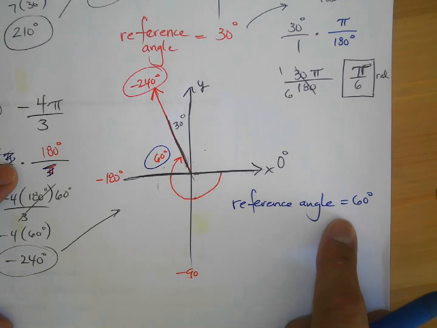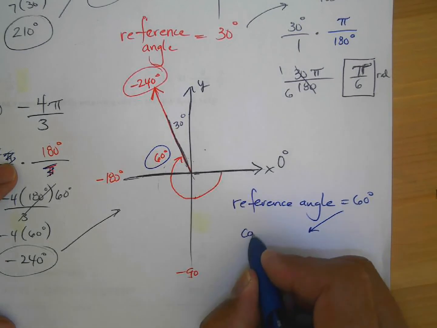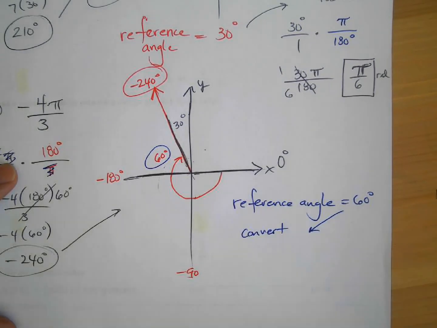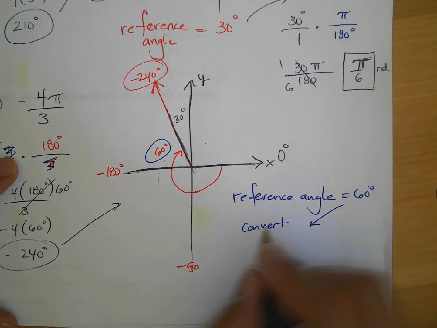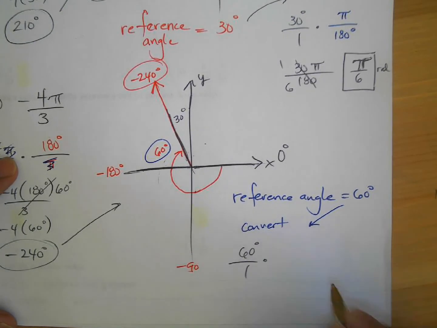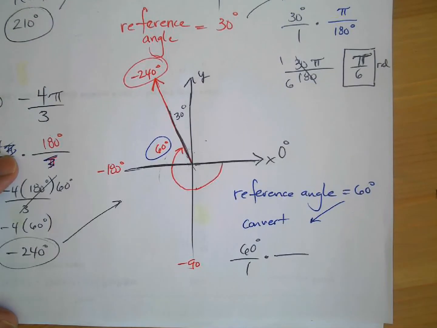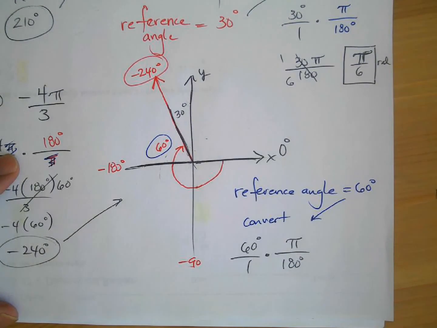That's the answer, but they want the answer in radians. So we got to convert. And we learned to do that as well. So how do we convert 60 degrees into radians? That's 60 over 1 times what? Well, if the degrees are here, that's pi over 180.